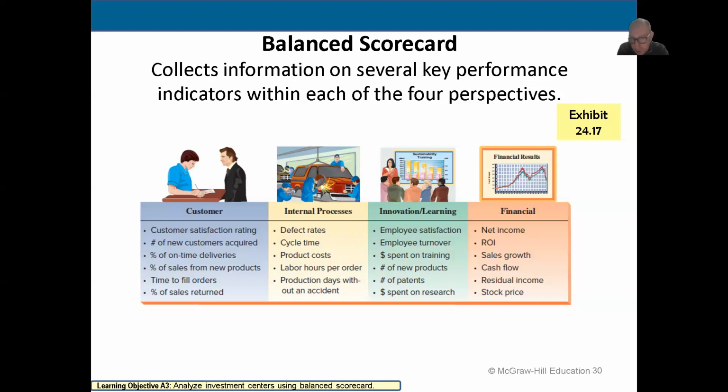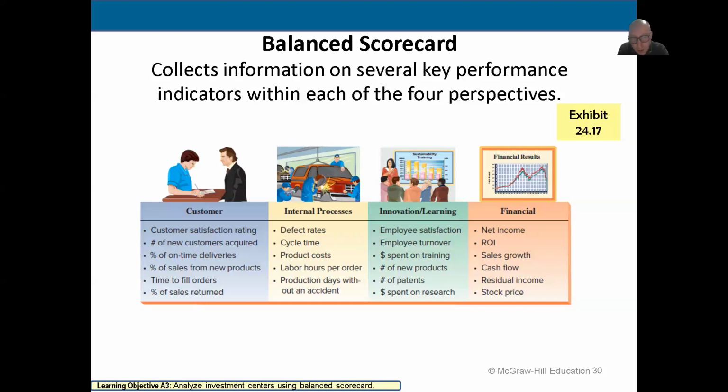So we look at this from 4 perspectives: customers, internal processes, research and development, and financial data. So we look at financial and non-financial information to understand the overall stability of the company.